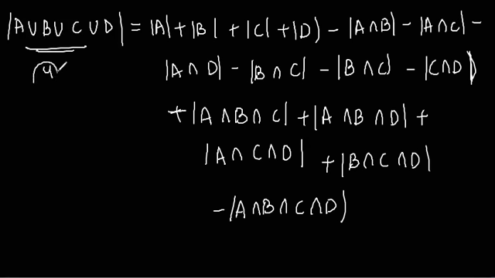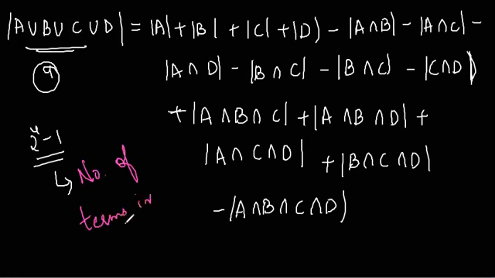So whenever you have 4 sets, the inclusion-exclusion formula will have 2 power 4 minus 1 terms. So this is your final result for the union of 4 sets.